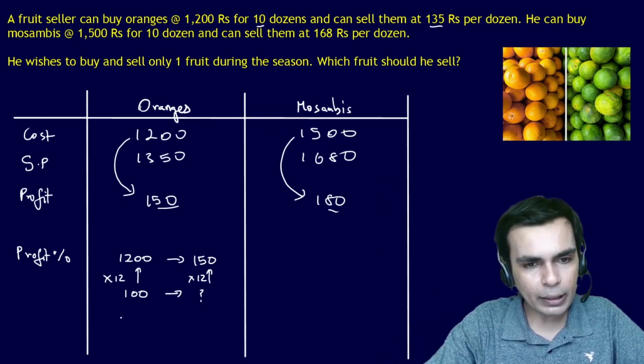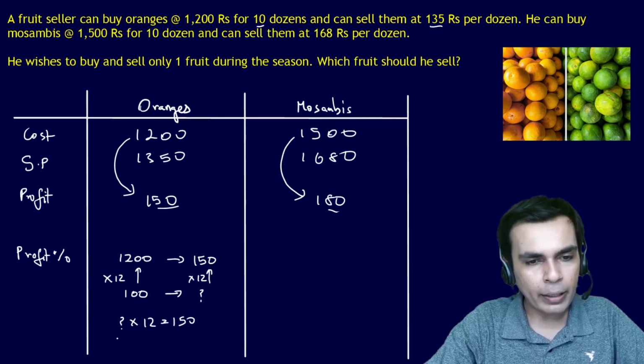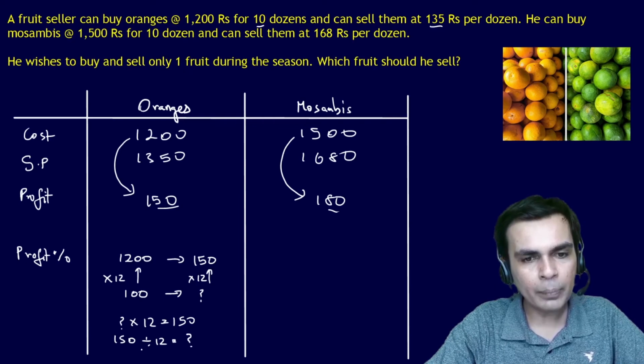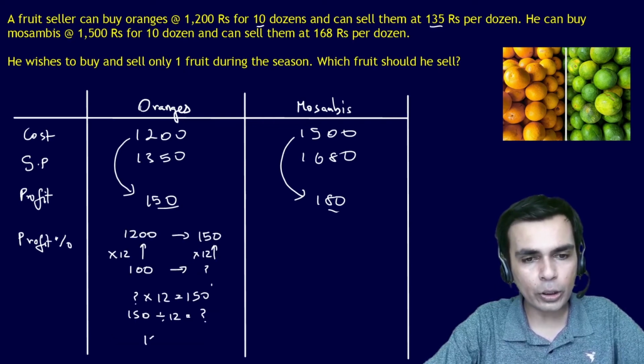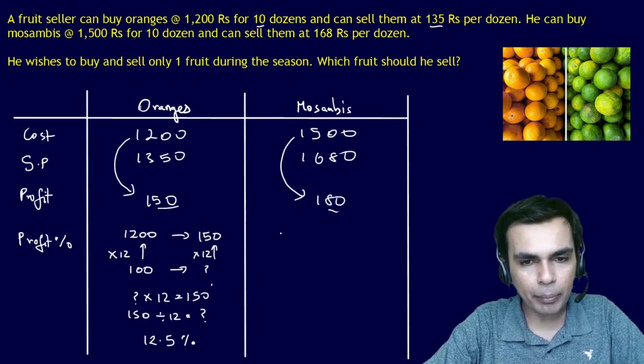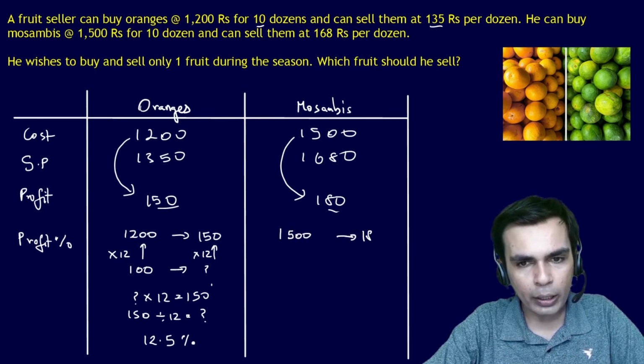Similarly, I can say something times 12. If that is 150, then 150 divided by 12 is that something. Therefore, if we do the division, it's 12.5, and this will be 12.5% for every 100. Similarly, here for Mosambi, the cost is 1500 and the profit is 180.